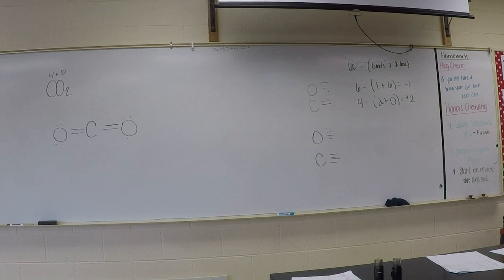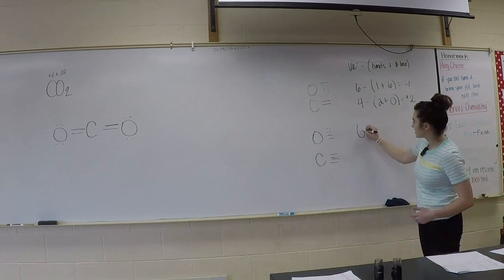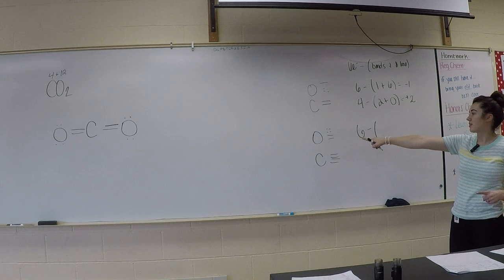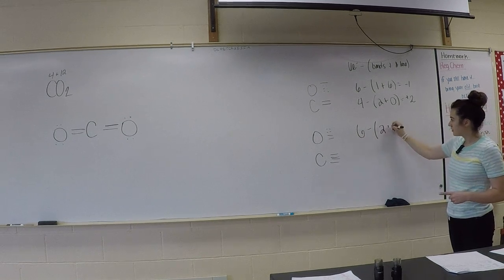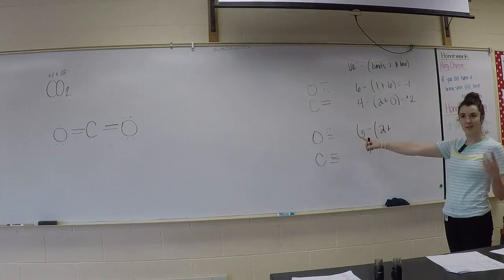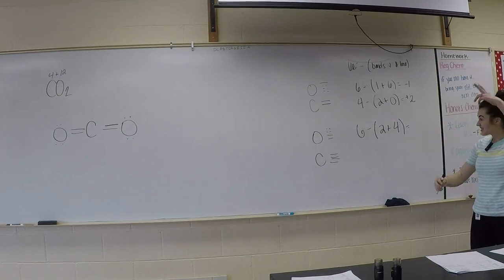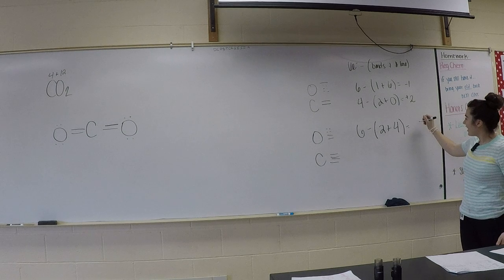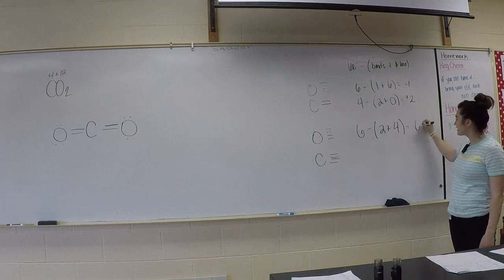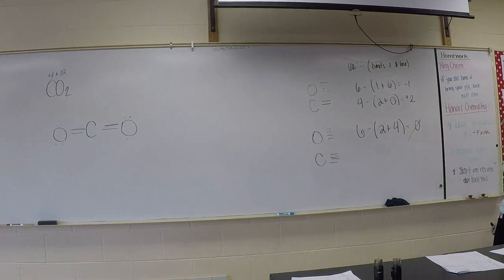All right, so oxygen, again, 6, we need 6. But how many bonds do we have now? 2. Plus how many loners? 4. 6 minus 6 is 0. Sweet. That's slightly satisfying.